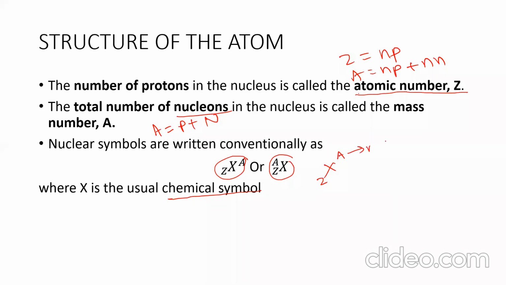Mass number is equal to the number of protons plus the number of neutrons, whereas Z denotes the atomic number, which is equal to the number of protons. Remember, most of the time A is always greater than Z.